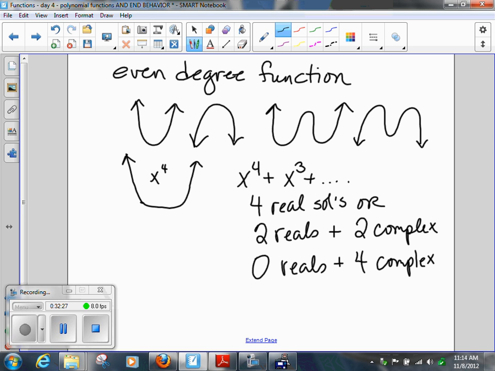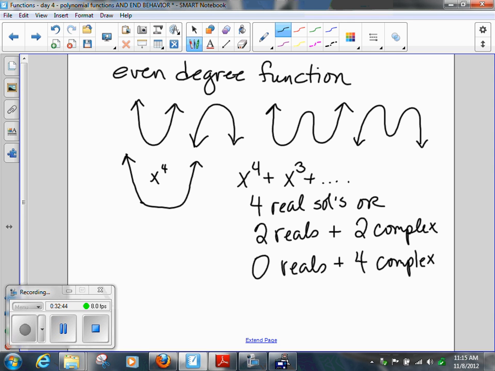We always come back by 2's, okay? So it could have 4 real solutions, which means 4 x-intercepts, and that's why we had an x to the fourth, but it was a flat parabola, okay?